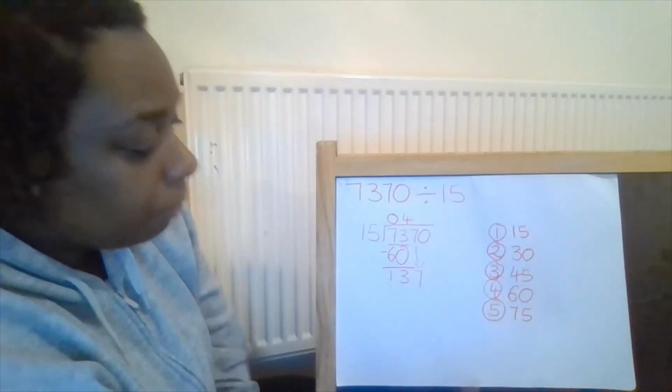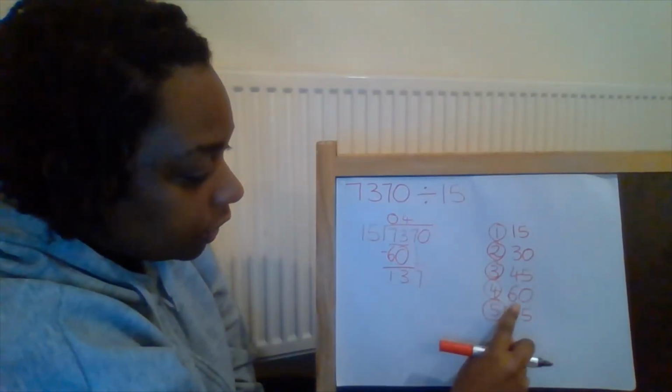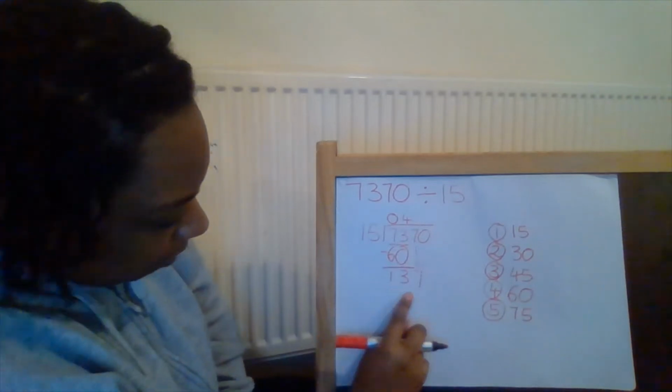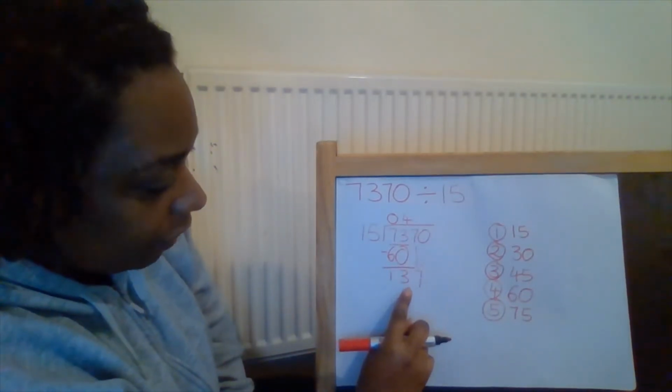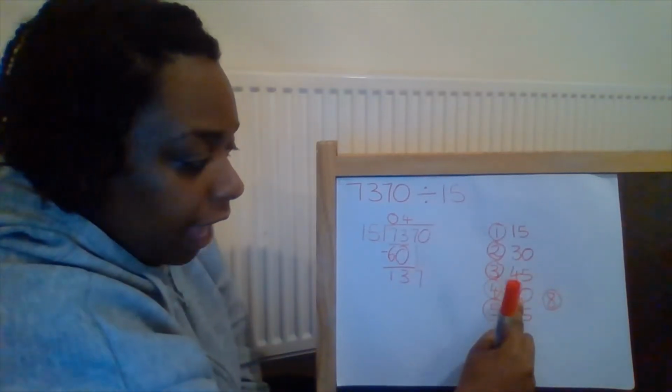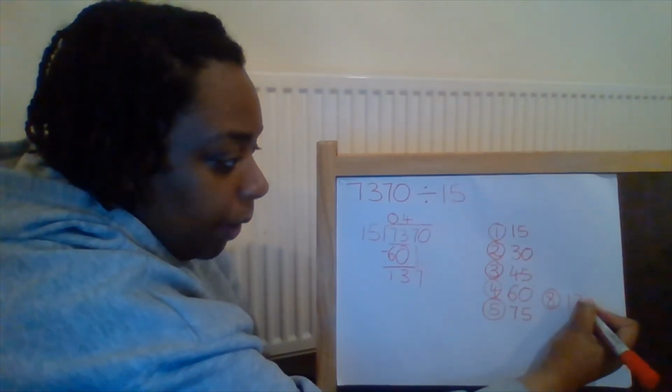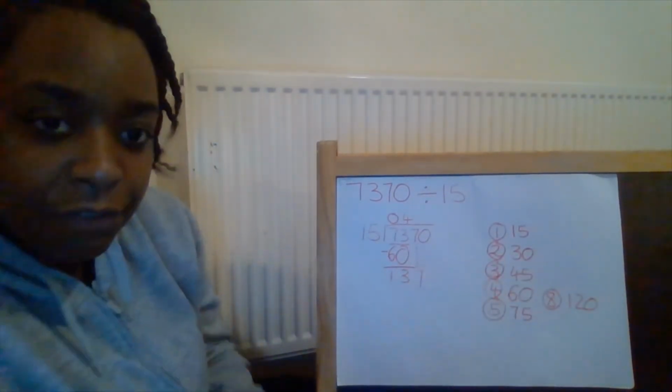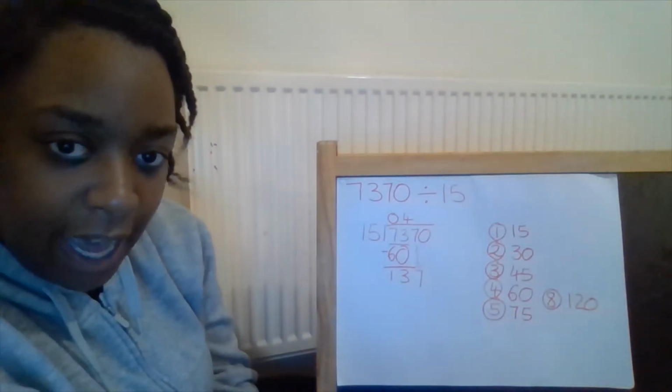So for example, if I know that 4 lots is 60, and I'm trying to get to 137 here, I'm going to double that one to work out the 8th multiple, and so double 60 is 120. So this way I squash some of the working out I didn't need to do.